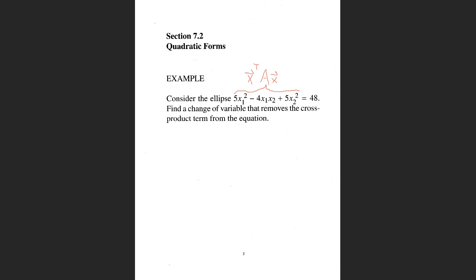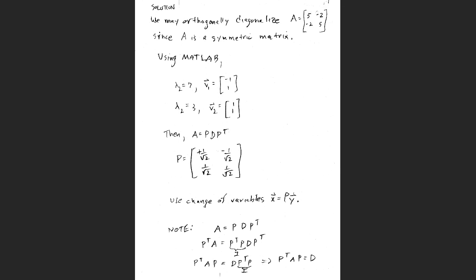And then of course you figure out the matrix A by looking at the coefficients of your variables and the cross product variables. So you know that 5 and 5 are going to be along the diagonal, and then -4 split in half will equal -2 and -2. And so this is how I get this matrix A here.